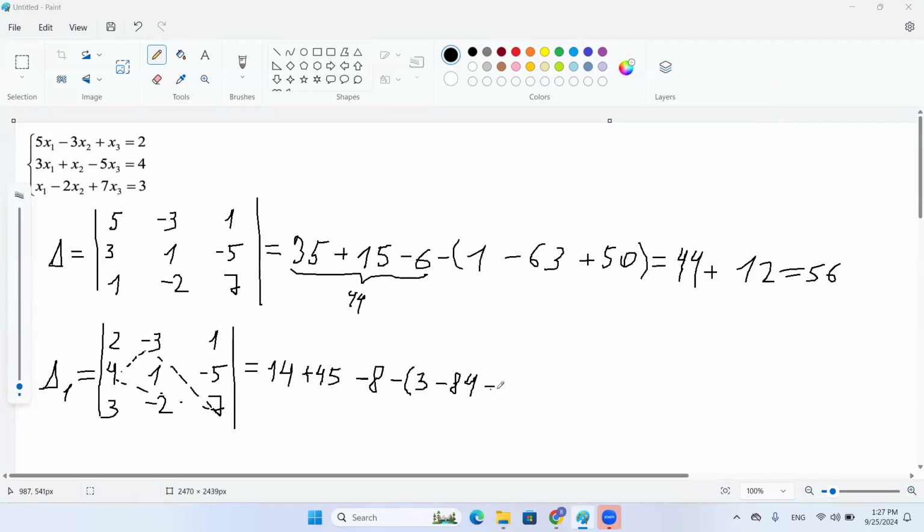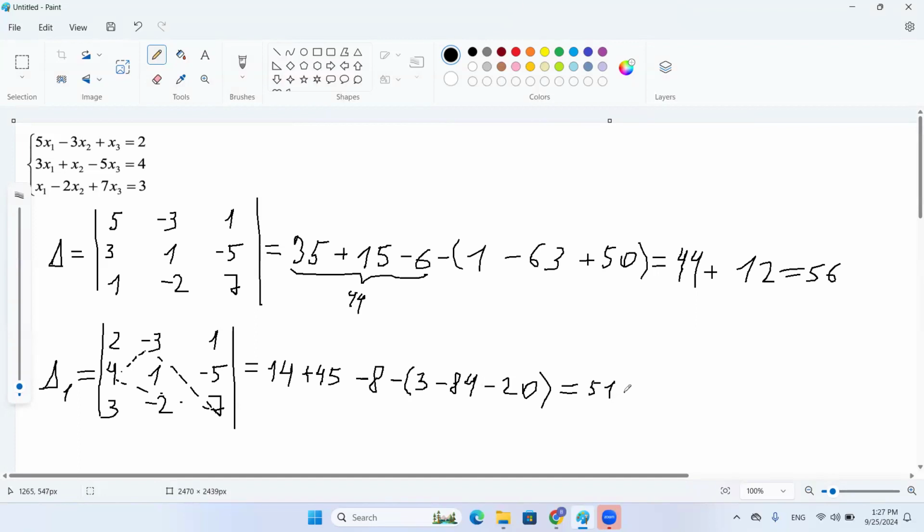And now we use minus 2, minus 5, and 2. It would be 20. And now 14 plus 45, it would be 59.